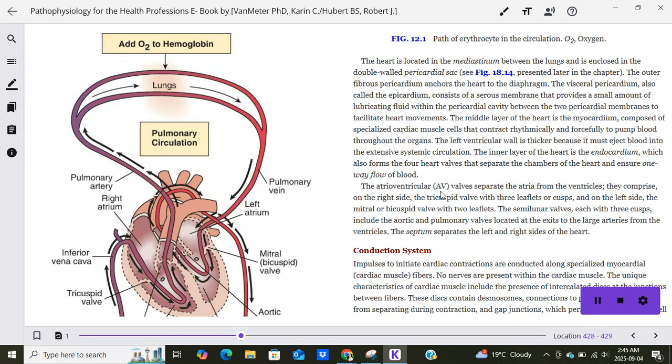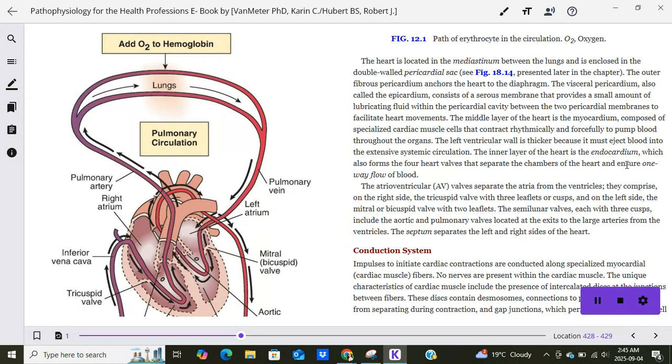O2, oxygen. Anatomical diagram illustrating the complete circulatory pathway of erythrocytes through both pulmonary and systemic circulation systems. The top section shows oxygen being added to hemoglobin in the lungs, with arrows indicating blood flow through the pulmonary circulation. The heart is centrally positioned, showing all four chambers, right atrium and left atrium in the upper portion, and right ventricle and left ventricle in the lower portion.